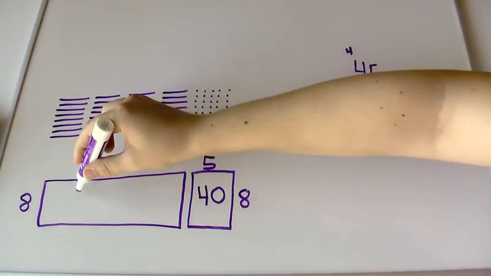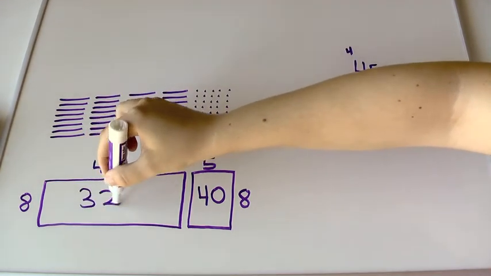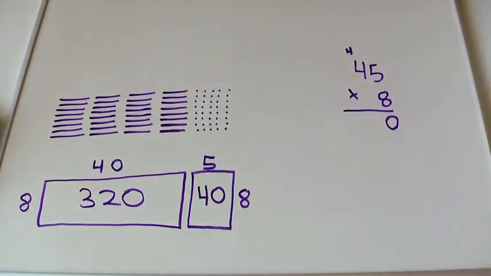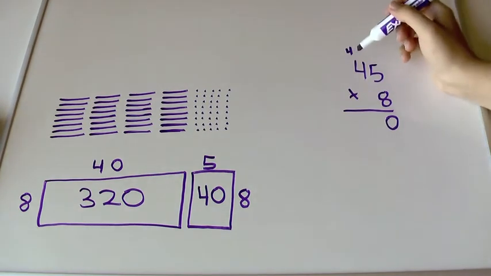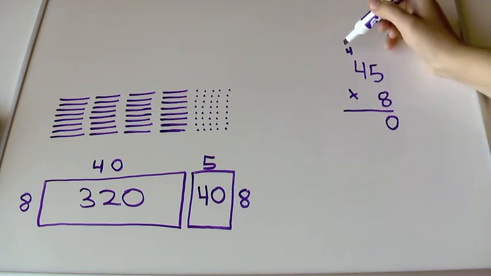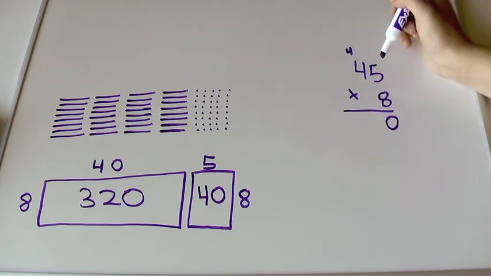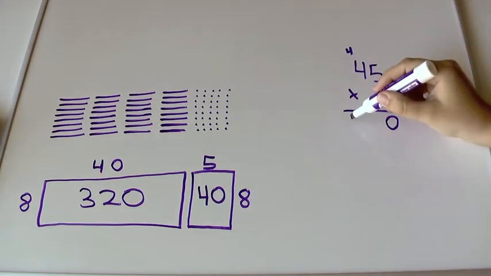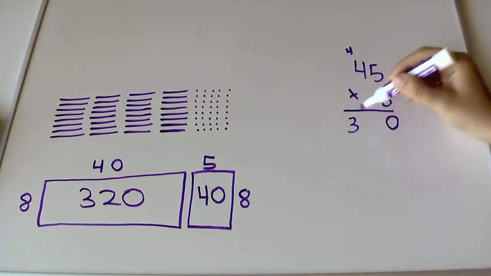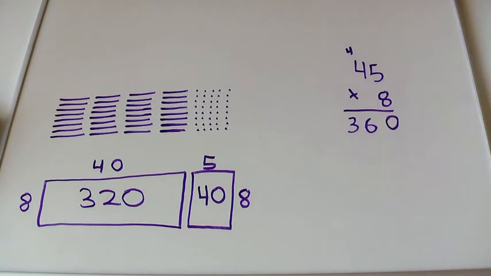That would be 32 tens. So 32 tens is the same as 320. And then I need to add the 320 plus my 4 tens from before. So that would be 360, or 36 tens. And so I will write that down there. So the answer is 360.